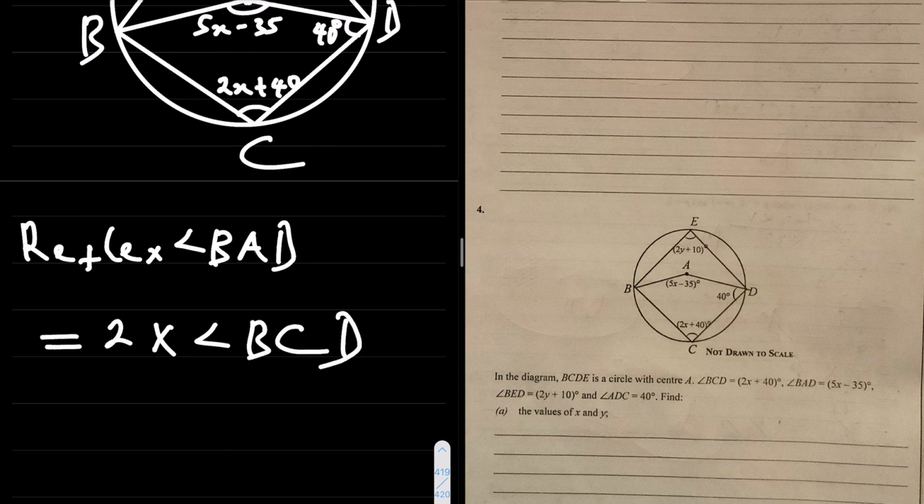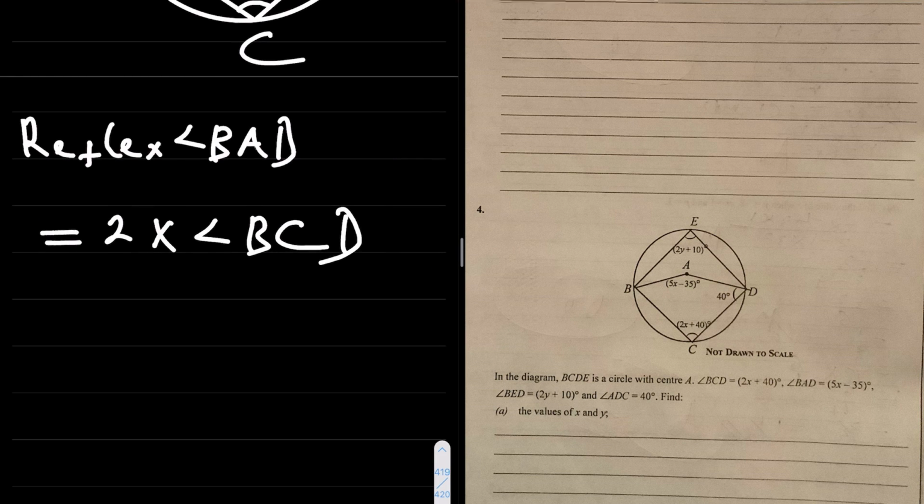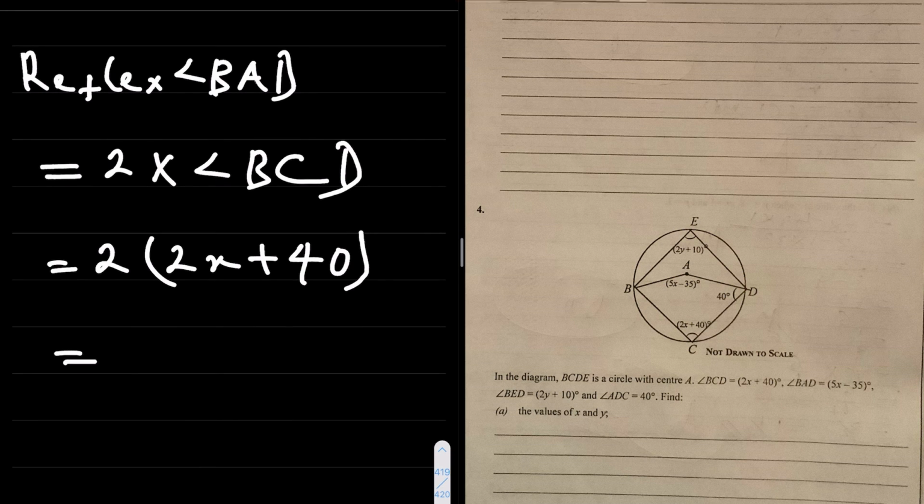Angle at center equals twice angle at circumference. So this one is twice this one. So reflex BAD is equal to 2 times (2x plus 40), which is equal to 4x plus 80.